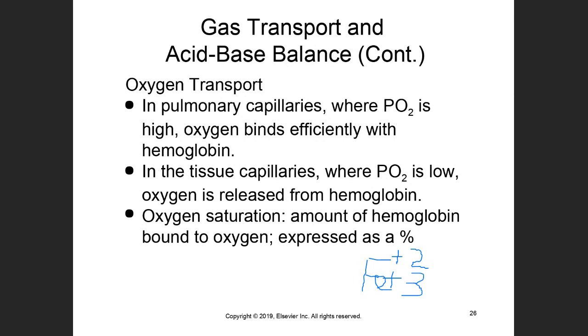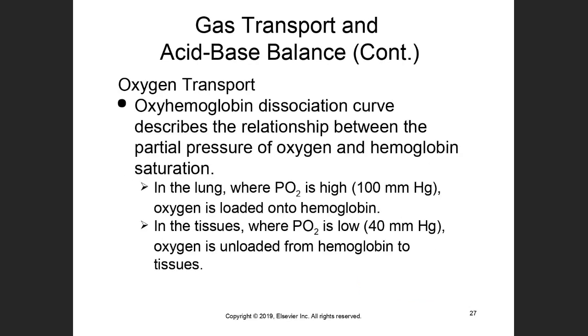When the iron is in the lungs, it becomes +2, and it attaches the oxygen. When the iron gets to the tissue, it becomes +3. It releases oxygen and attaches to the CO2, carbon dioxide. Okay, let's keep going.